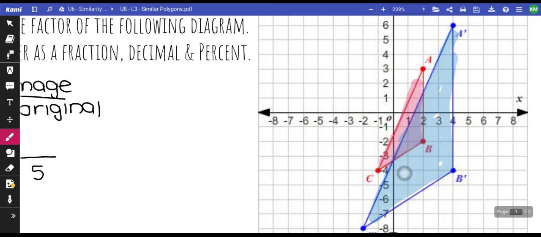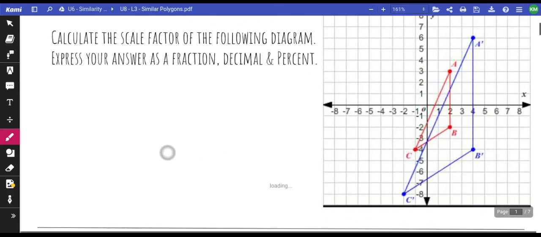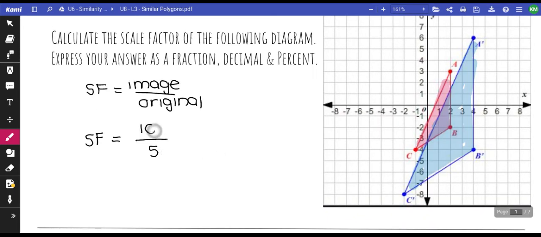Because would you agree -4, it would take 4 to get to the 0. +6, it would take 6. So that 4 plus 6 gives me a distance of 10. Now, if the scale factor is 10 over 5, how could you rewrite that? Yeah, 2 or 2 over 1.